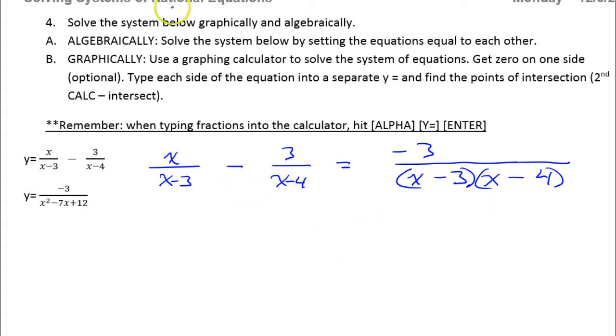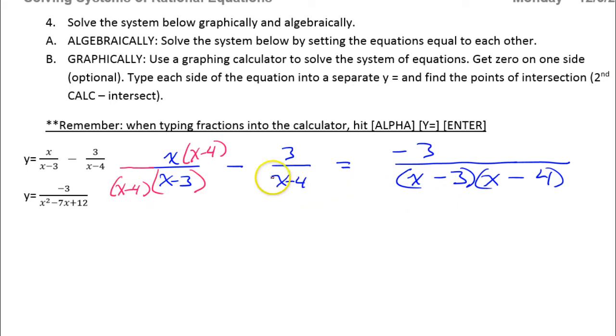Let's see. I have x minus 3 here. That matches this. But I also need an x minus 4. So I'm going to go ahead and put an x minus 4 with it. I can do that as long as I put x minus 4 in the numerator as well.